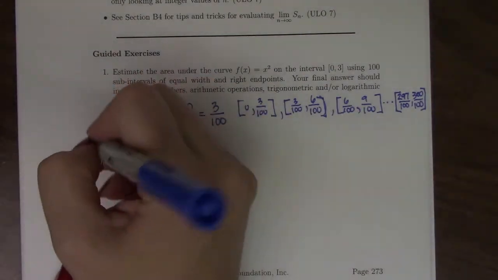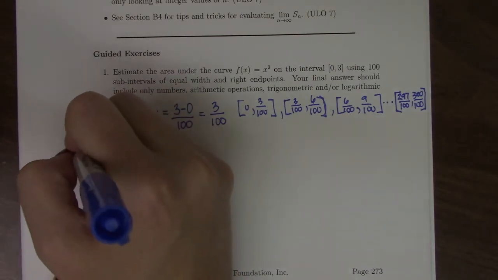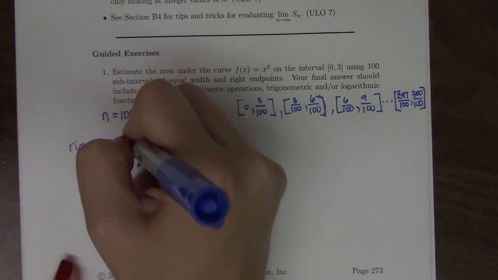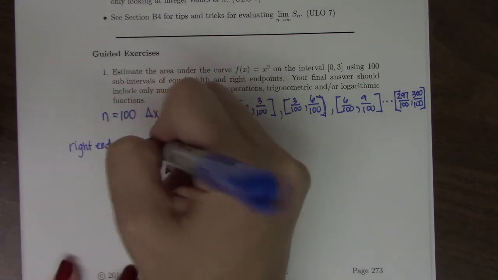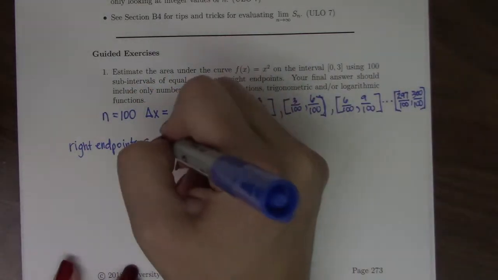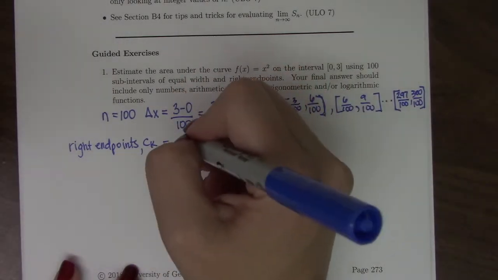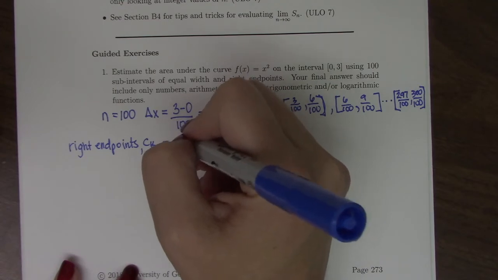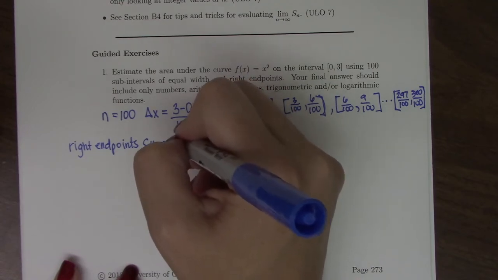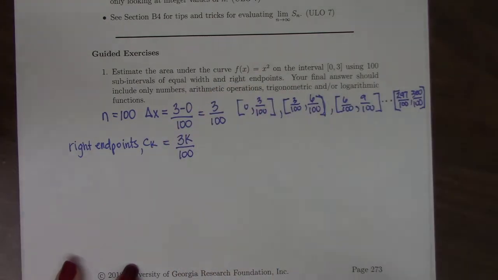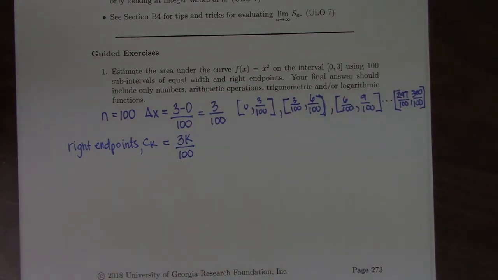And what we can see is that the right endpoints, which we're going to call c sub k, can be computed by the following formula: three times k over 100.